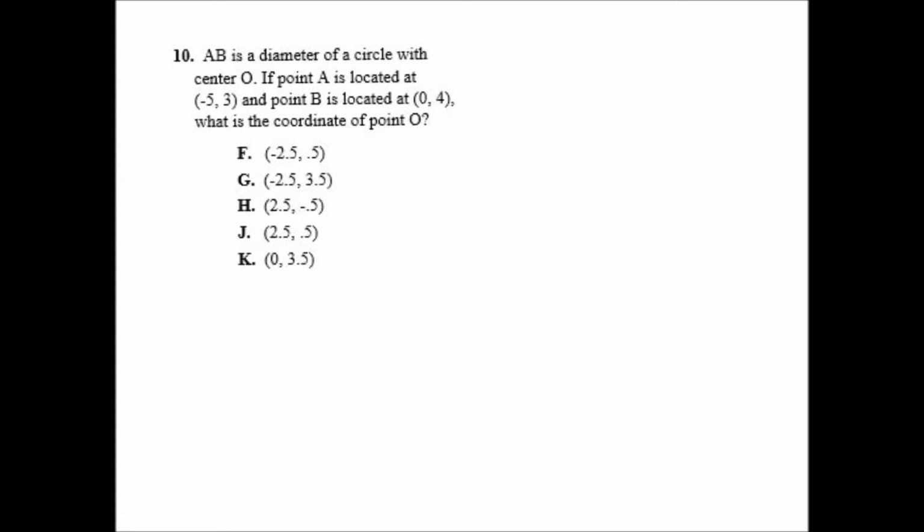Last question, question 10. AB is the diameter of a circle with the center O. If point A is located at -5, 3, and point B is located at 0, 4, what's the coordinate of point O? So if we visualize it, O is the center. Here's this diameter that runs from A to B like this.